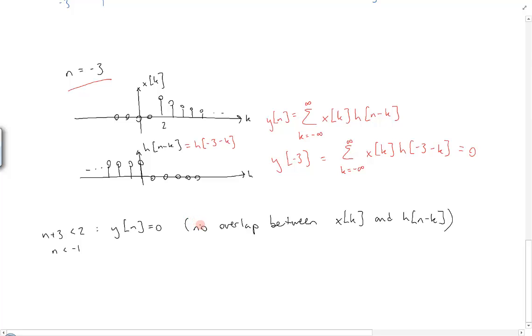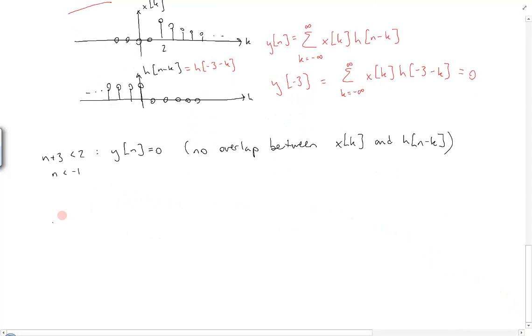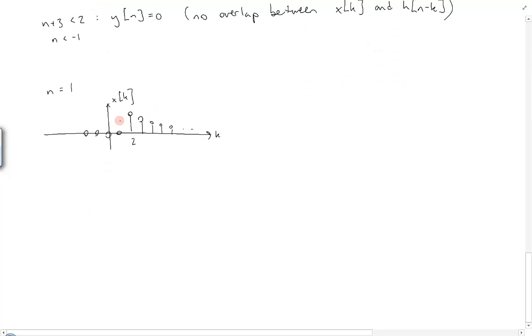So then what happens when n plus 3 is greater than or equal to 2? Well, again, let's start by looking at a single example. Let's say that n is equal to 1. So we have our x of k, which hasn't changed, but when n is equal to 1, our h of n minus k will change, because now n plus 3 is equal to 4, and therefore our function is going to start at 4.